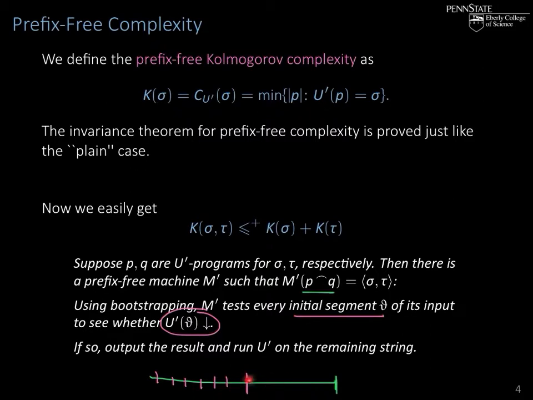And if it does converge, then that must be our combination. Then we have found the program, we have recovered a program for sigma, and we can just use the rest as a program for tau, and hence this way produce the pair.